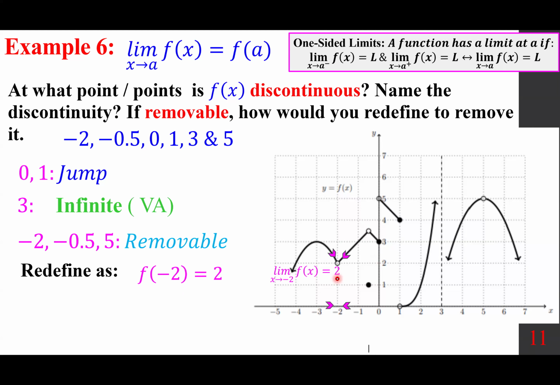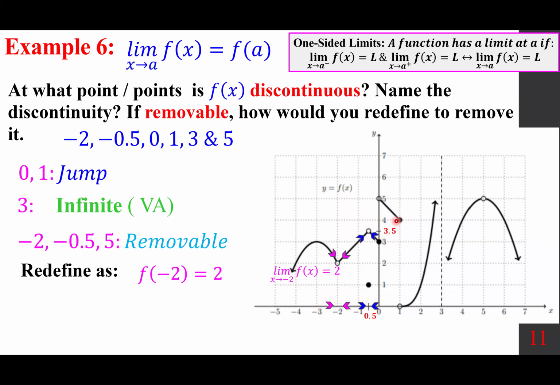The next number would be -0.5. As we move from the left and right of -0.5, left takes us here, right takes us to the same point, and the same point has the y coordinate of 3.5.